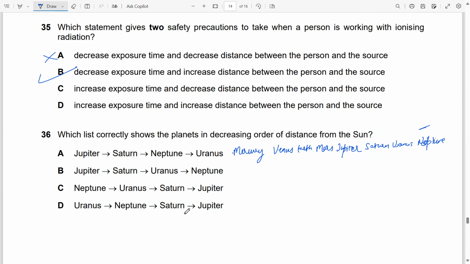In increasing order, the list will be Mercury, Venus, Earth, Mars, Jupiter, Saturn, Uranus, Neptune. So this is the order in increasing distance. For decreasing, it will be Neptune, Uranus, Saturn, Jupiter. Option C is the correct one.